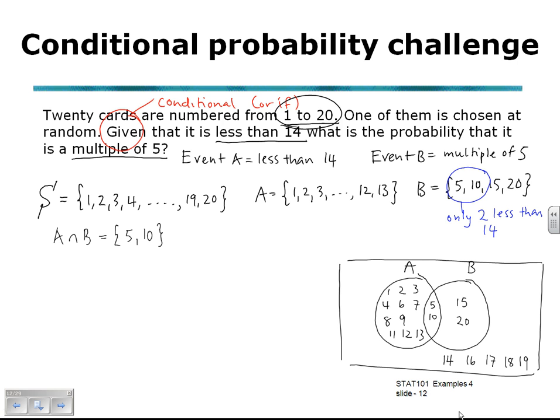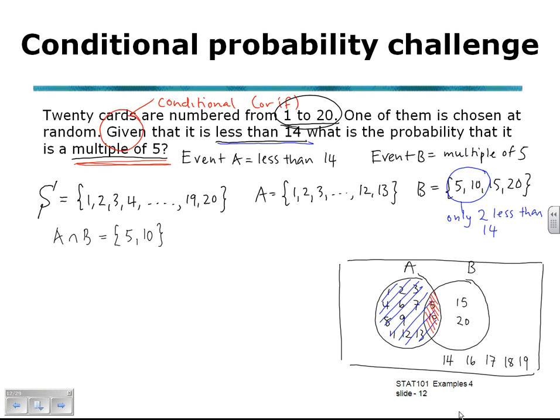The Venn diagram is useful for the conditional case, given that it is less than 14. So we're looking at event A. Event A has already happened. What is the probability then that it is a multiple of 5 given that it's less than 14?